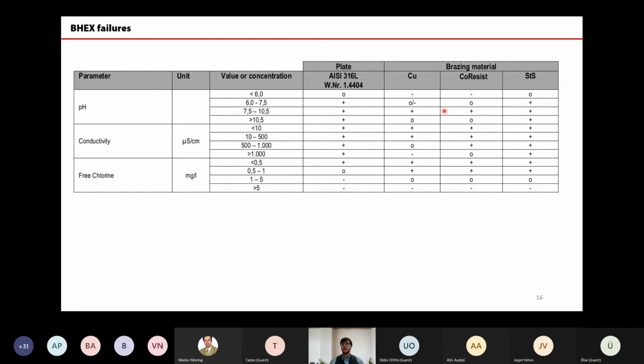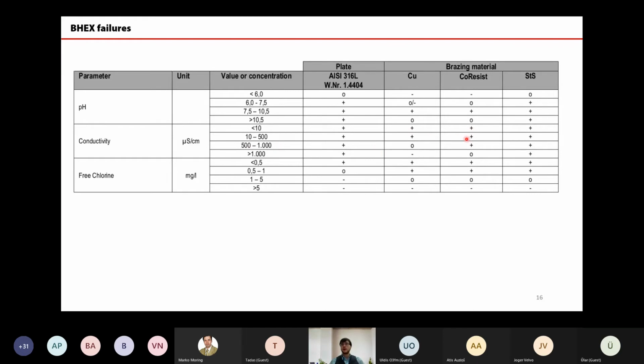And what you see here, the most critical part, is conductivity in microsiemens per centimeter. The copper-brazed units can work comfortably up to 500. The Co-Resist can work up to 1000.